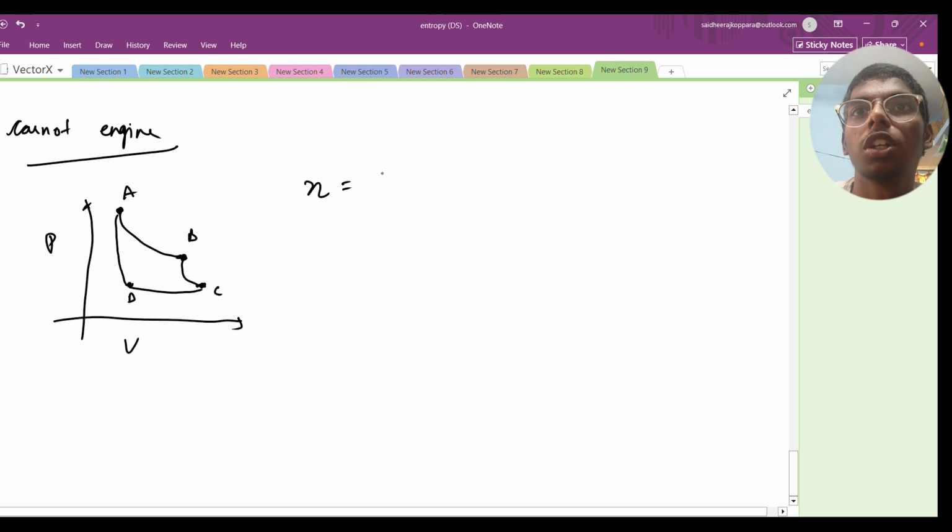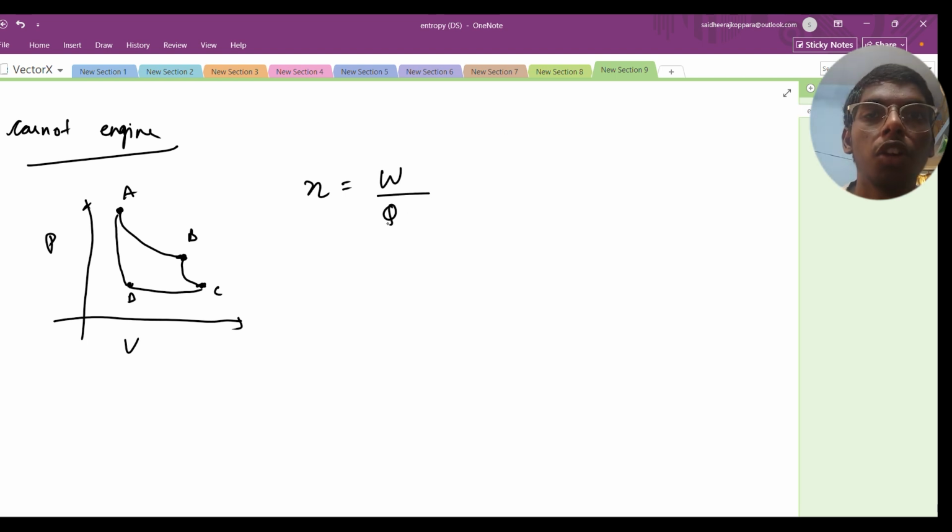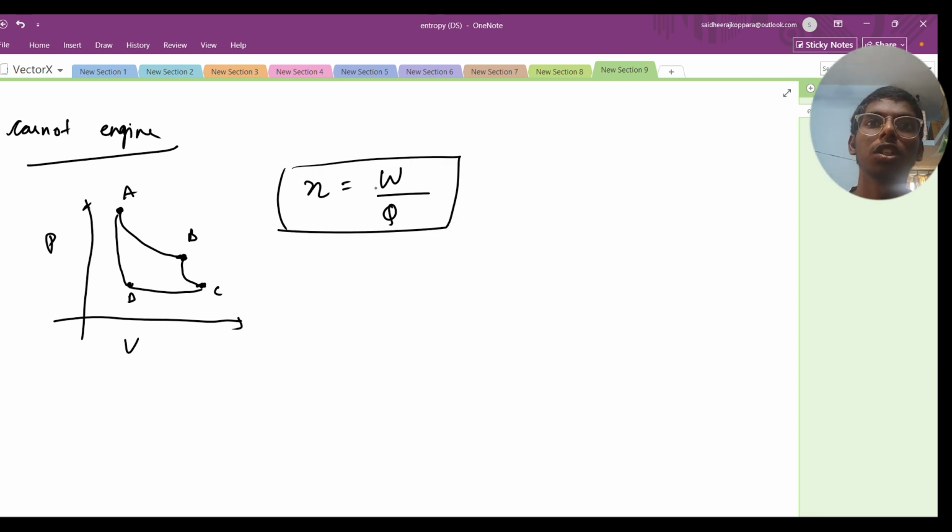Yeah, so he said that efficiency is work by total heat. Okay, if you want to calculate the percentage, you just multiply it by 100. And while solving efficiency equals work by total heat, you get to this equation, 1 minus T2 by T1.